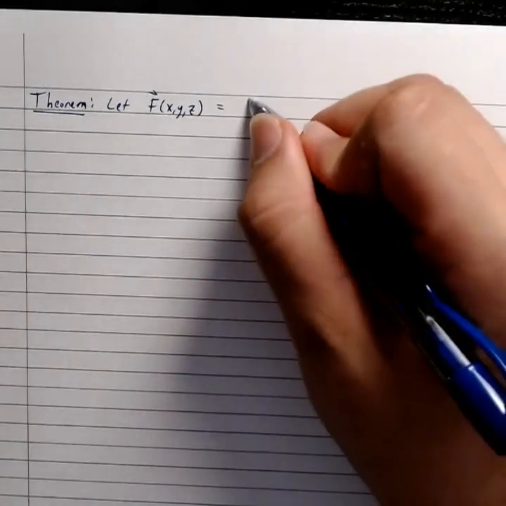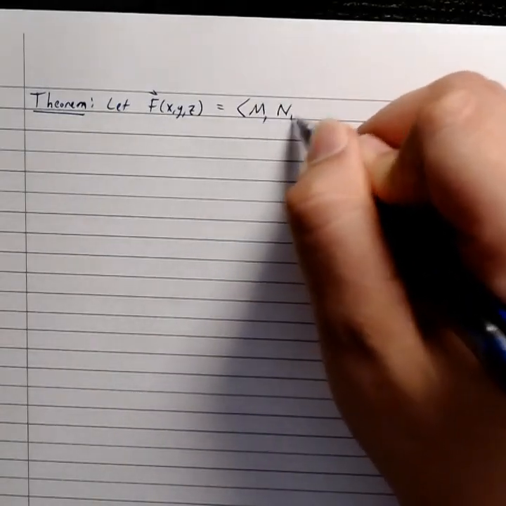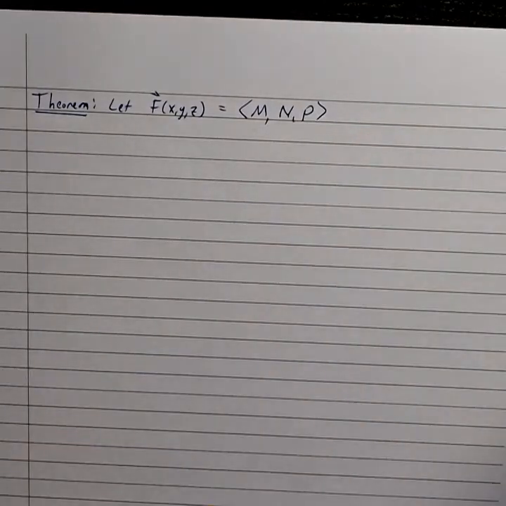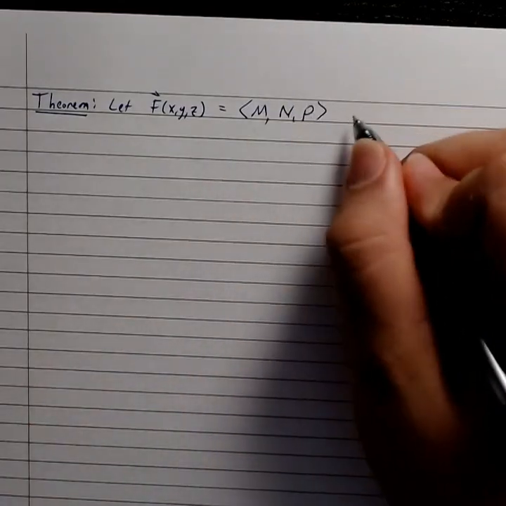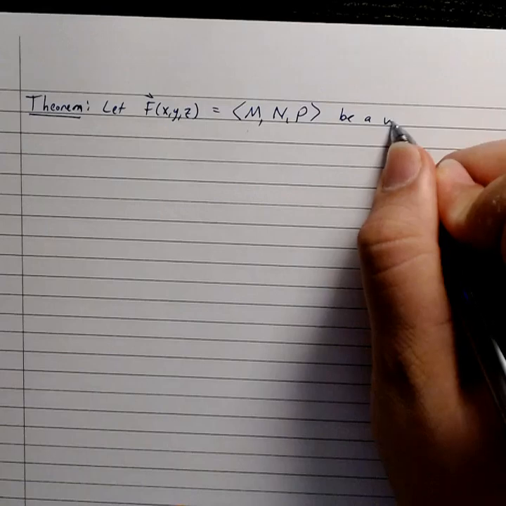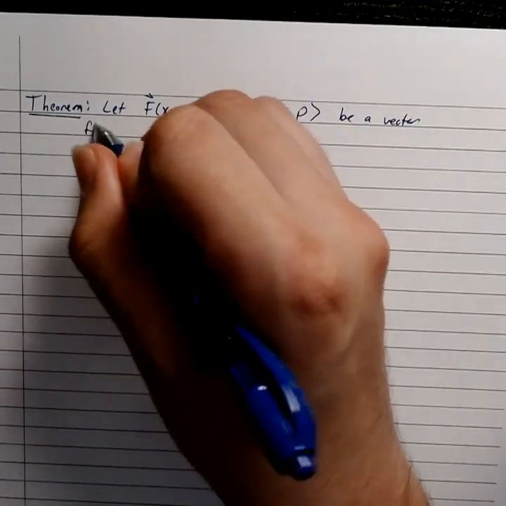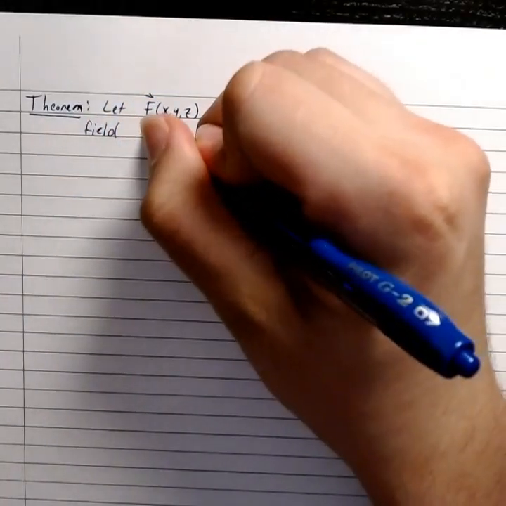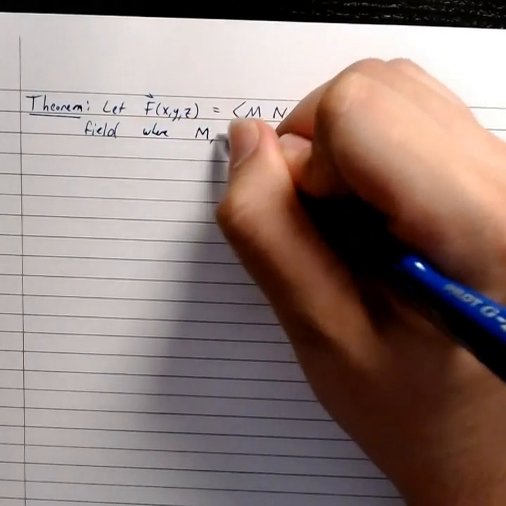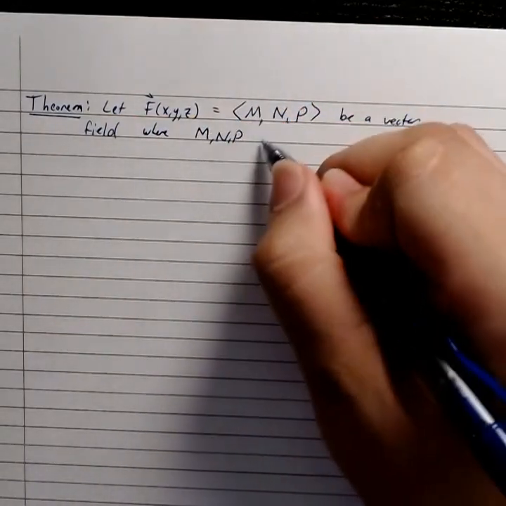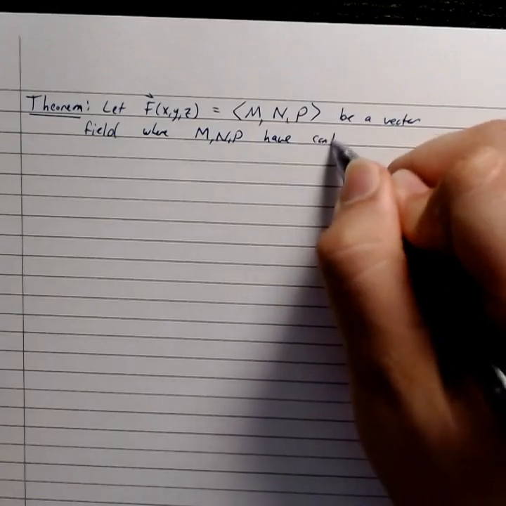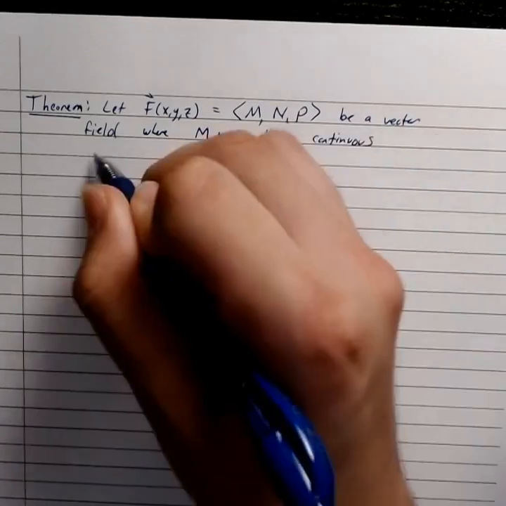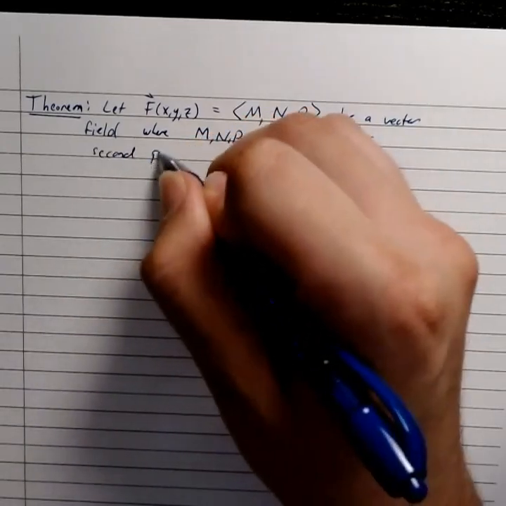So let f of x comma y comma z be given by m comma n comma p, where again m, n, and p are functions of x, y, and z. Let's let that be a vector field. And we want m, n, and p to have second derivatives, where m, n, and p, they actually need to have continuous second partial derivatives.